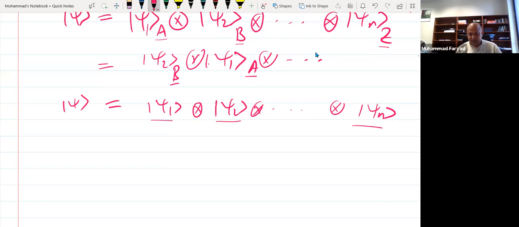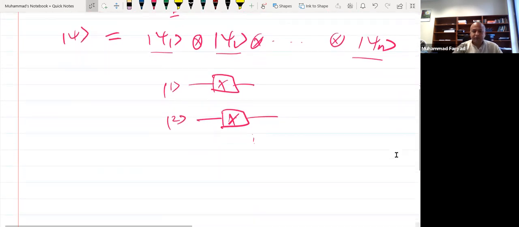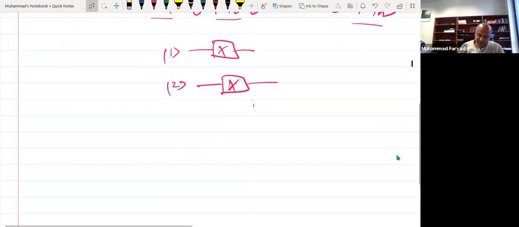Similarly, if we have multiple gates that are acting on the system, let's say gate X is acting on qubit 1 and gate Y is acting on qubit 2 and so on, then we can write the composite gate of this whole system like this. So this X acts on the first qubit and then Y acts on the second qubit, and we know how we need to work out this tensor product.